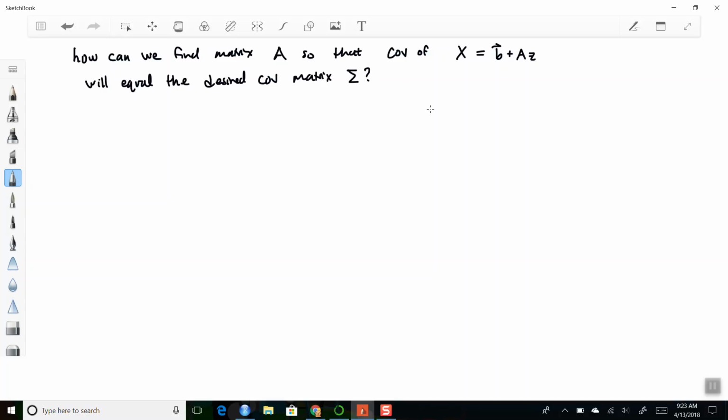Okay, so what we're first going to do is find out what the covariance of x is in the first place, and then we will set that thing equal to this.